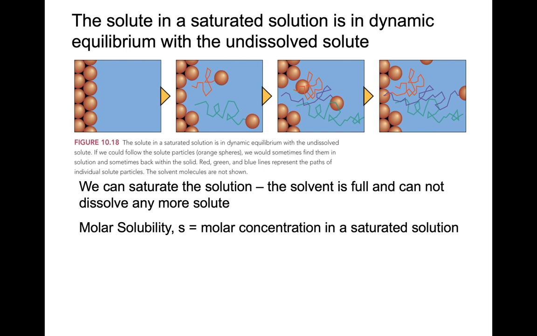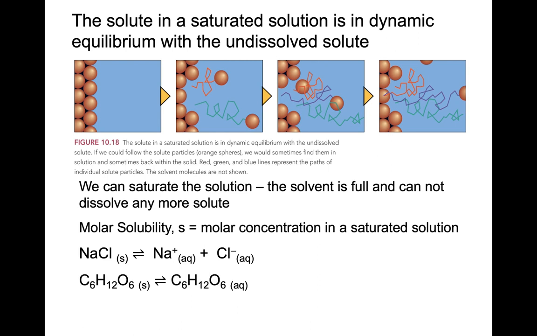So we can imagine that with a solution like our sodium chloride. Sodium chloride salt, when it dissolves, becomes sodium ions and chloride ions. And that's true of all ionic compounds. Or we can imagine something like sugar dissolving and having a saturated solution of sugar. So think of Kool-Aid with the sugary goo at the bottom, it's saturated, right?